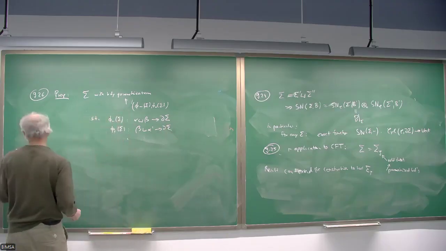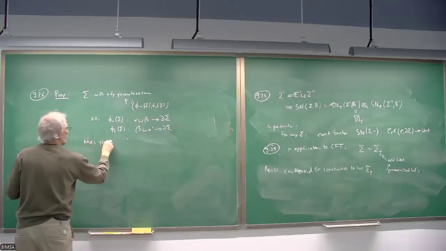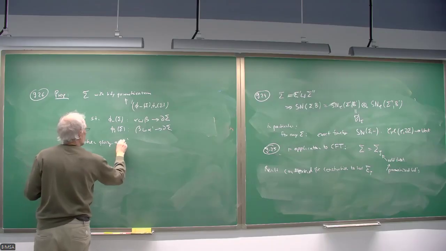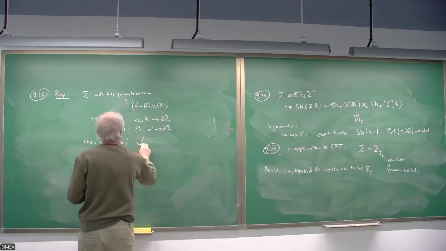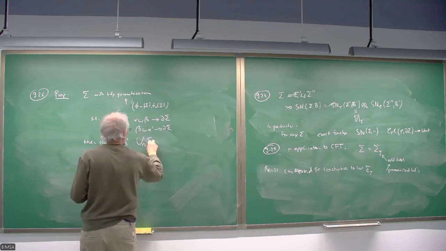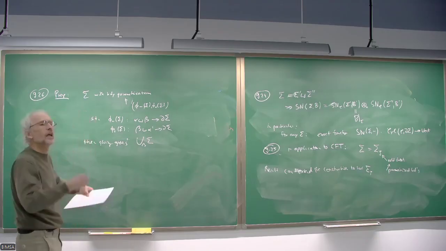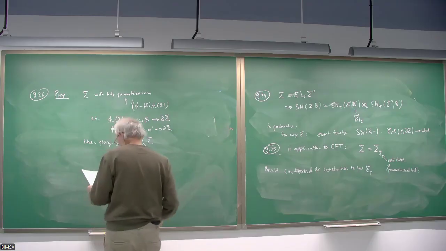And in this case, we can glue along beta to get a surface that I have denoted in this way, including boundary parametrization, which I suppress.